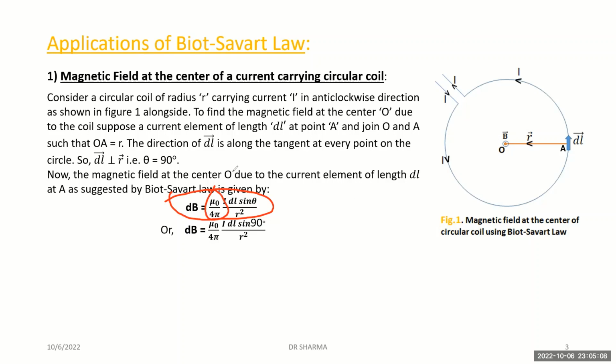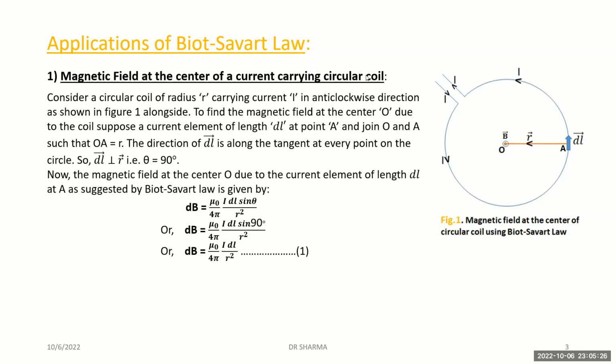Here theta is equal to 90 degrees, so dB is equal to mu naught by 4 pi, I dl sin 90 upon r square. If we use the corresponding values, now we get dB is equal to mu naught by 4 pi, I dl upon r square.